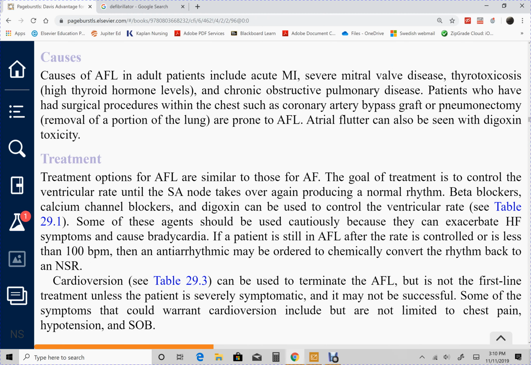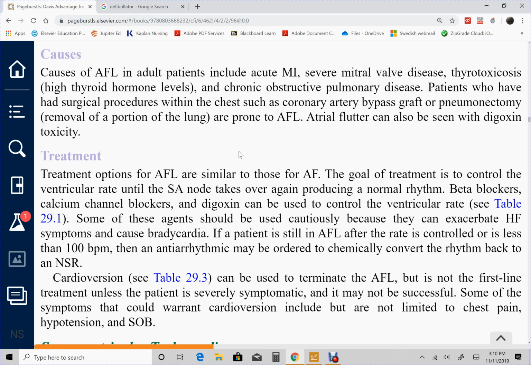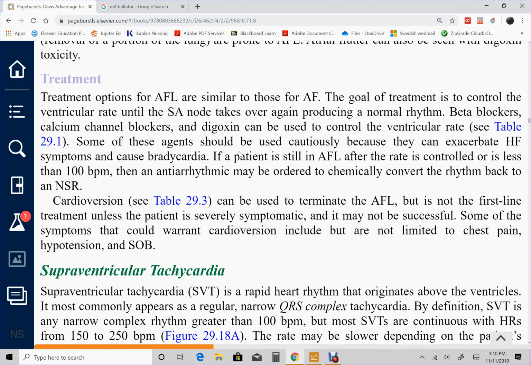So of course the treatment will also involve treating the cause. So if it's caused by an MI, then we treat the MI. Other than that, again, this resembles the AFib. So we treat the patient's causes, and then we support cardiac output, making sure the patient has adequate cardiac output, control the ventricular rate.